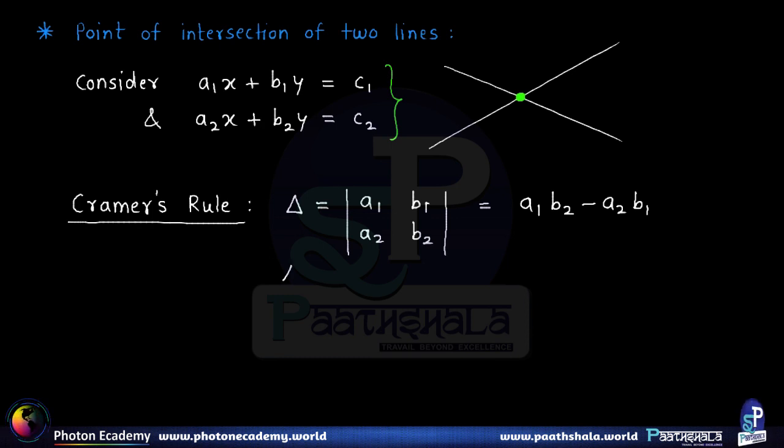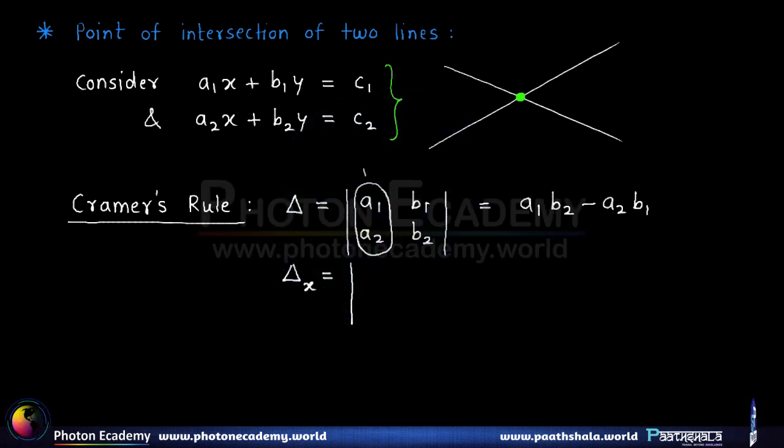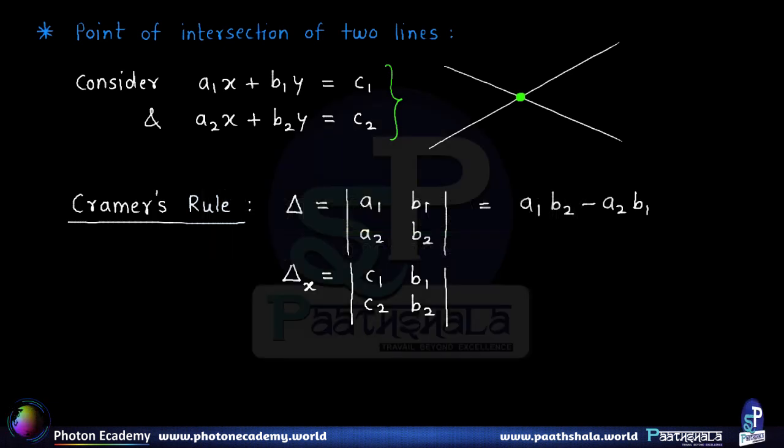Now similarly we calculate another determinant called delta x. This is obtained by replacing the coefficients of x in the original determinant by the constant terms of the two equations. By doing that, we get c1 c2 in the first column, and the second column b1 b2 remains intact as it was in the original determinant.